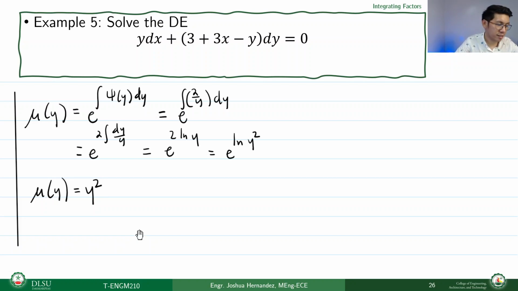What do we do next? What we do next is we multiply this integrating factor to our new function f.